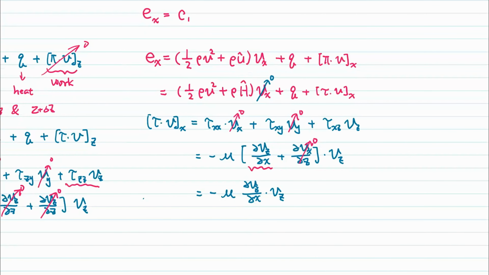So your combined energy flux vector, E sub x, now equals negative k dT dx, which is the heat conduction term, minus mu partial vz partial x times vz.